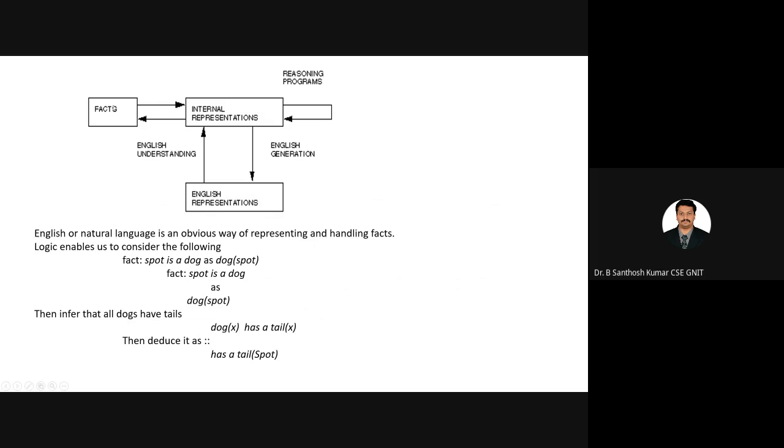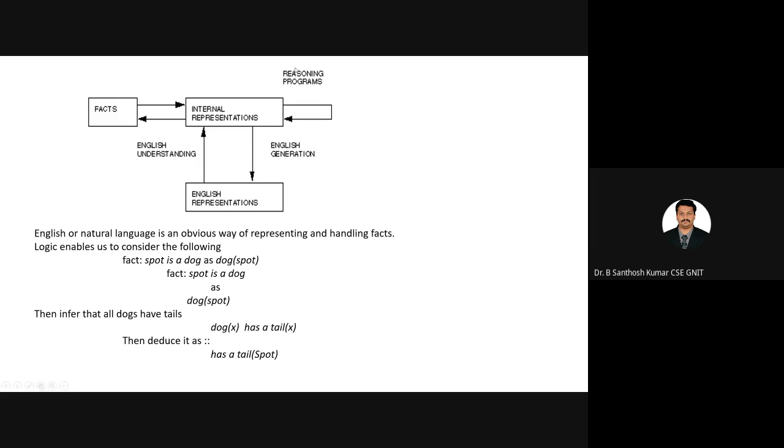In the raw facts, we give to the internal representation. Suppose I am giving 105.40. That is a fact. From the internal representation, it will analyze, considering the English representation also, and form one sentence: today petrol price is 105.40.